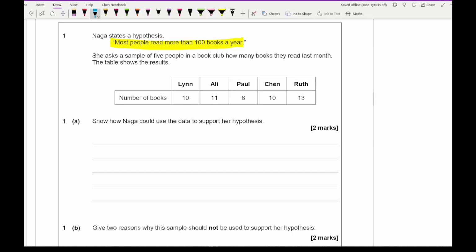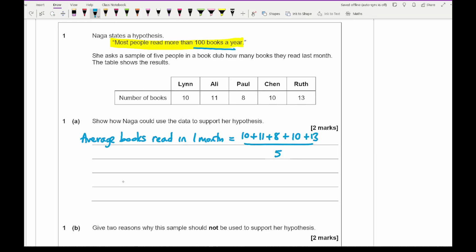So she's asked 5 people from a book club how many books they read in a month. Let's see if we can pair this up with 100 books in a year. If you look at the average books read in 1 month, what we need to do is add up all the numbers: 10 plus 11 plus 8 plus 10 plus 13, and then divide that by 5 people.